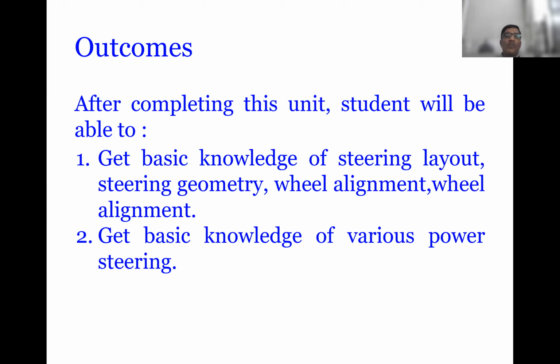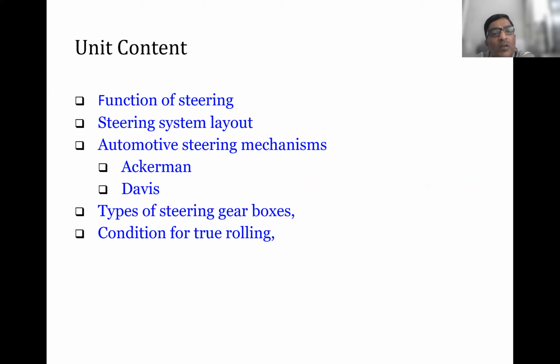The outcome: after completing this unit, you are able to identify steering layout, steering geometry, wheel alignment, and various aspects of the steering system, and also various components of the power steering.